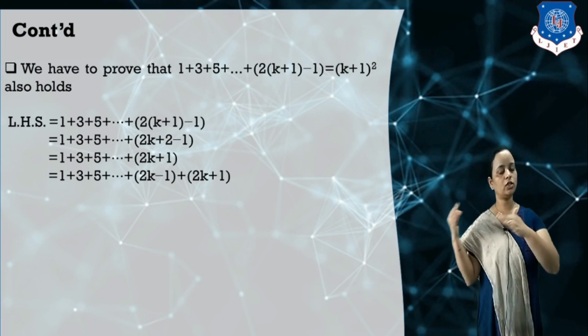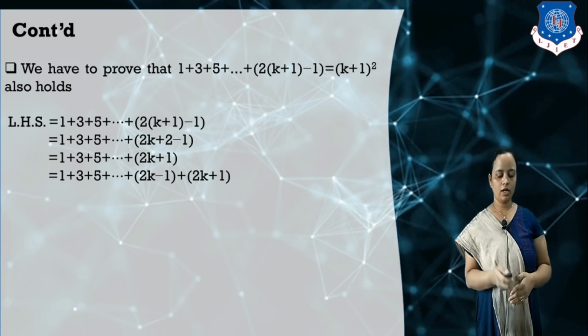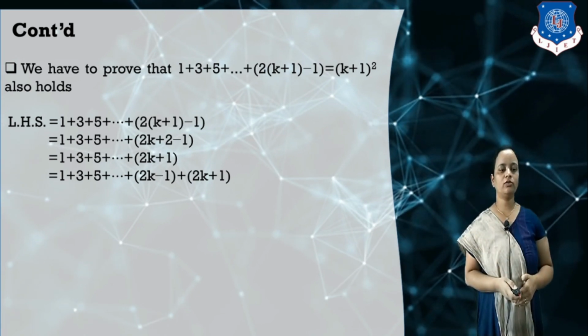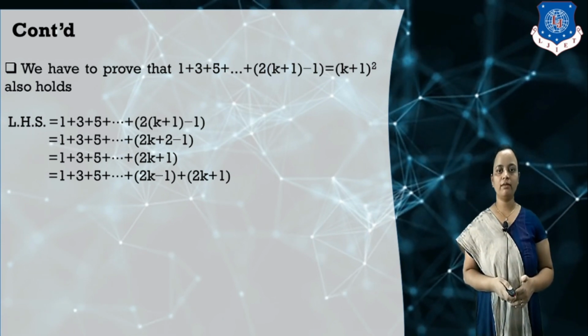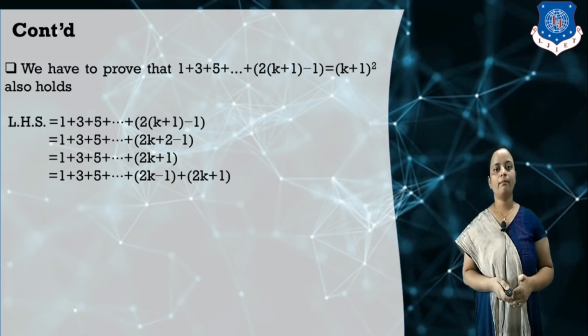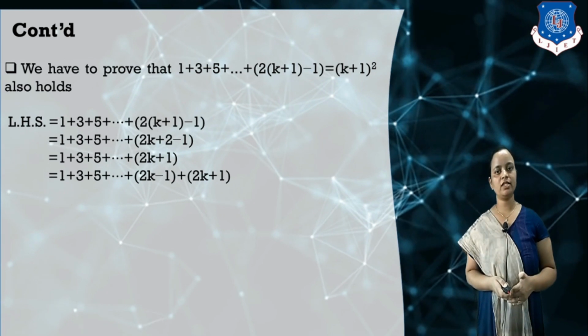What is the previous term of 2k plus 1? Its previous term is automatically 2k minus 1. So we can write this as 1 plus 3 plus 5 up to 2k minus 1, and the next term is 2k plus 1.